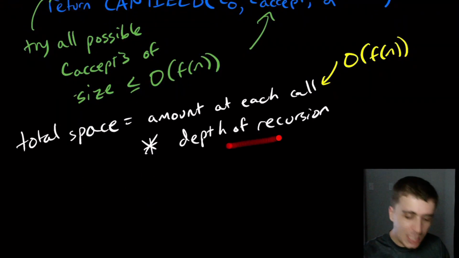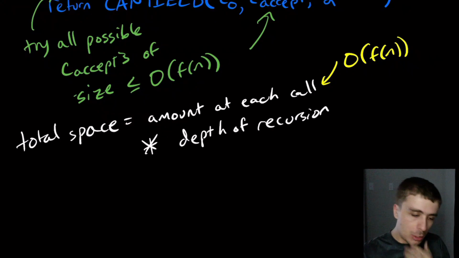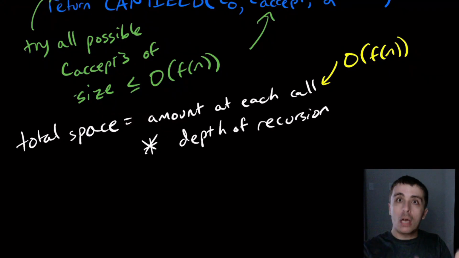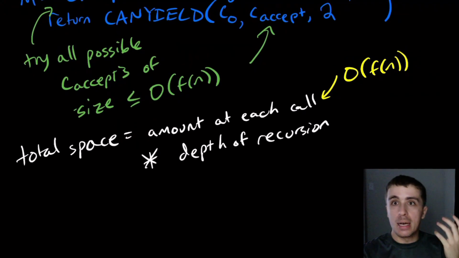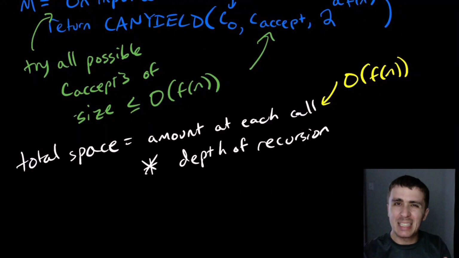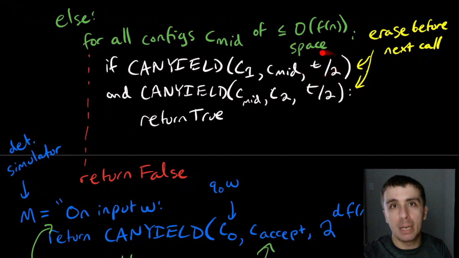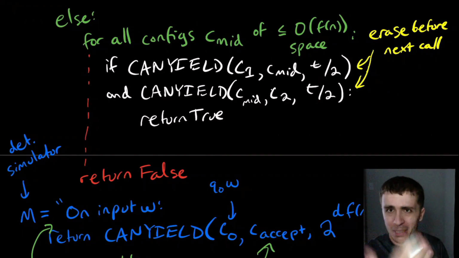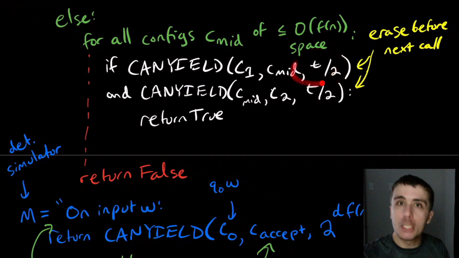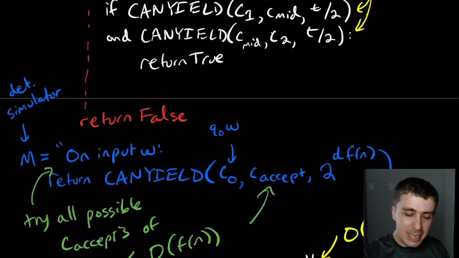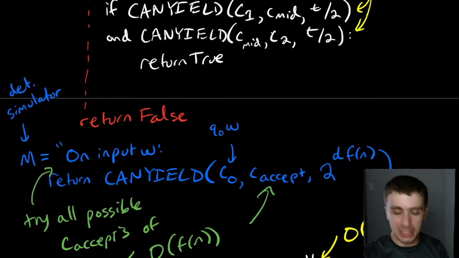Well, here, what is the depth of the recursion? That is the logarithm of the time budget that we started with. Why is it the logarithm? Because we're dividing by 2 on the time budget every single time. And we actually set it to be a power of 2 here, so we don't have to take floors or ceilings. It just makes the math easier. But we're dividing by 2 every single time. So it's going to be the log base 2 of the initial time budget, which is this.